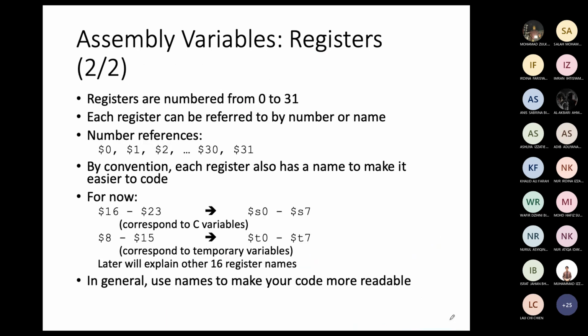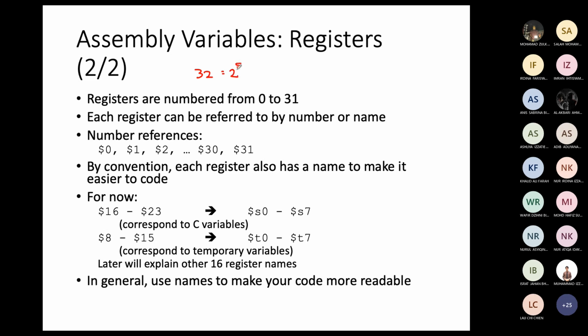Now, we have 32 registers, right? So they are numbered. In order for the CPU to operate the instruction, the registers have to be numbered. They will be numbered from 0 to 31. Remember, we have 32 registers, which is 2 power of 5.